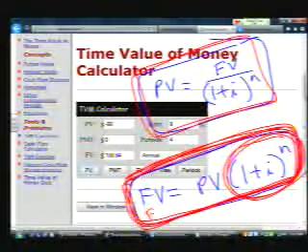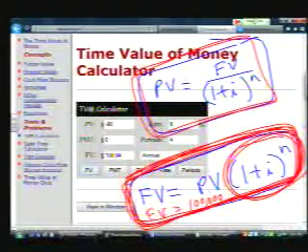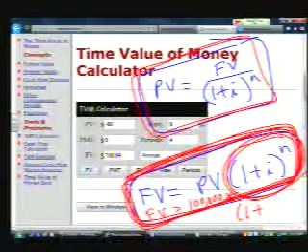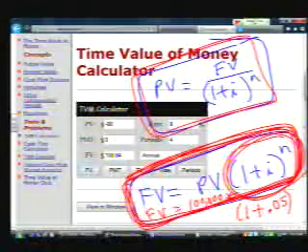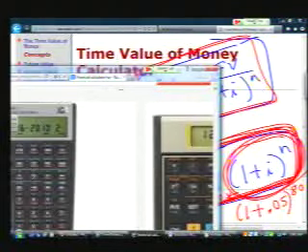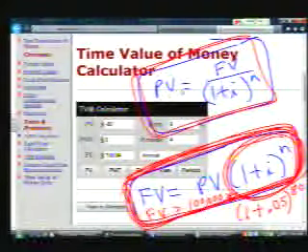We were computing the future value off of $100,000, remember that, times 1 plus, and when I compounded, see this I is the interest rate per period, so when I compounded semi-annually, I used half of the 10%, and then the N is the number of periods, and I did that for 80 periods because there were 80 6-month periods in 40 years. So this should look very familiar.